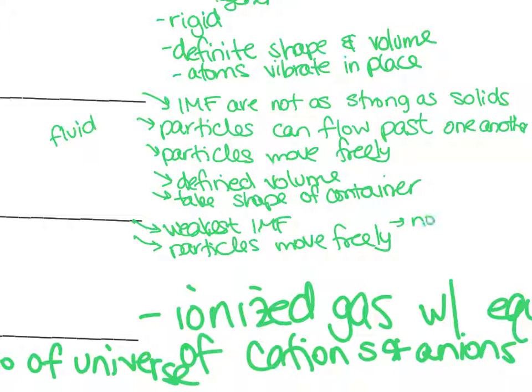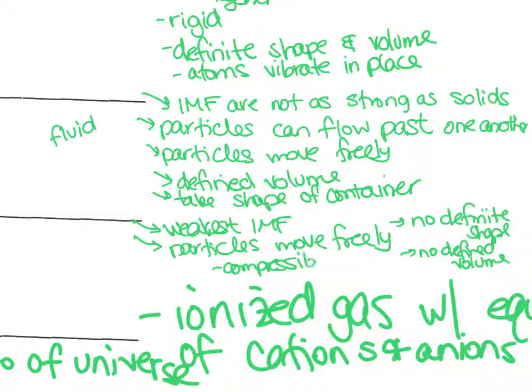They have no definite shape, no defined volume. They are compressible. And these are also considered to be a fluid because the particles are able to move around one another.